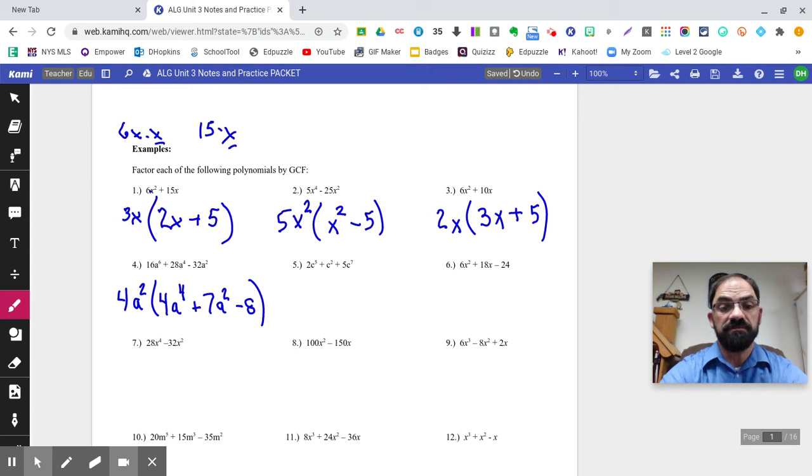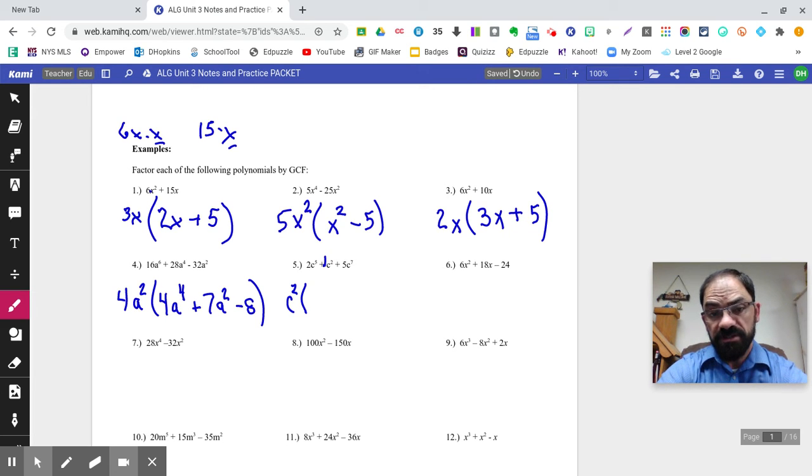Number 5. Between 2, the number in front of the c squared is 1. 2, 1, and 5, they don't have anything in common. No GCF. But c to the 5th, c squared, c to the 7th, they have at least 2 c's in common.